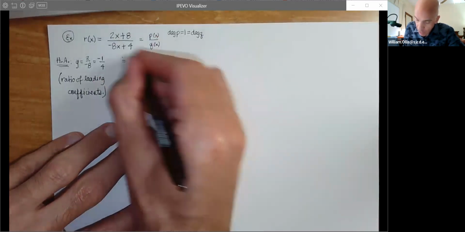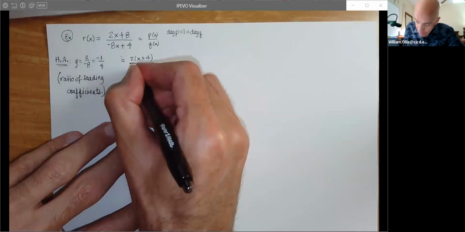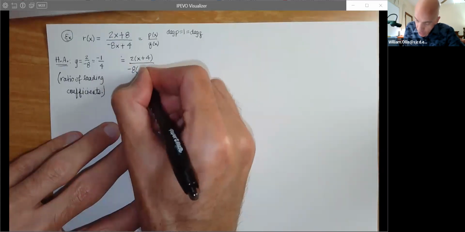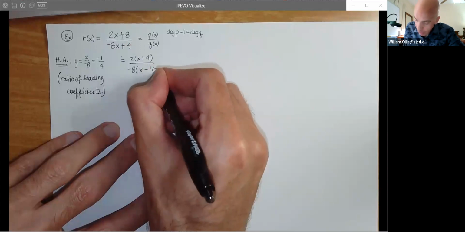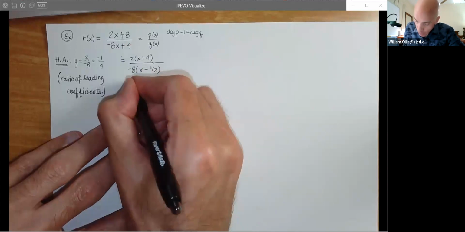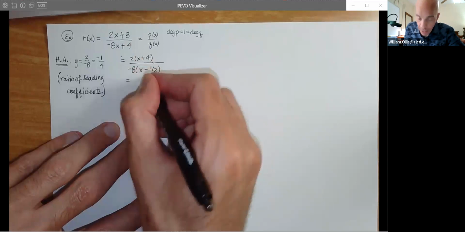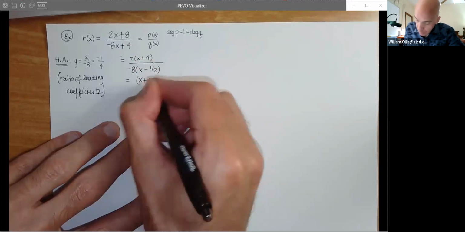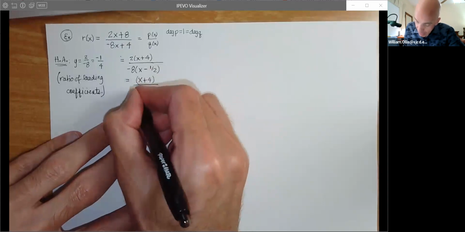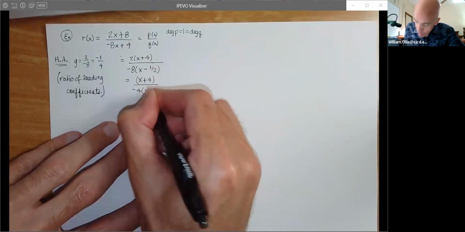And then we can factor the -8 downstairs. And so we divide 4 by -8, that'll give us a -1/2. And then of course the 2 will divide into the -8. So we get x plus 4 divided by -4 times x minus 1/2.